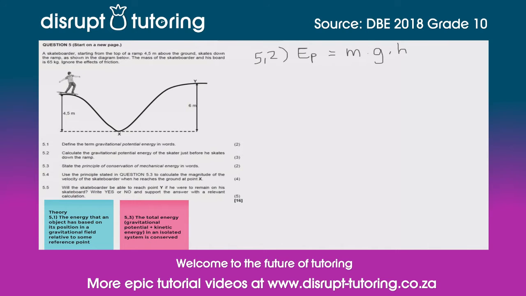Okay, so now we can just substitute in exactly what we've been given. The skateboarder and his board are 65 kilograms, the gravitational acceleration on Earth is 9.8, and the height is 4.5 meters. That gives you an answer of 2,866.5 joules.